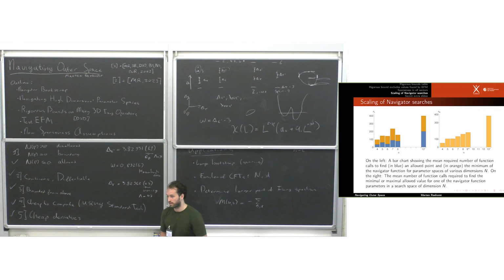Is there some criterion which makes one navigator function better than another? I think that you could say that it would be better to have something more smooth.